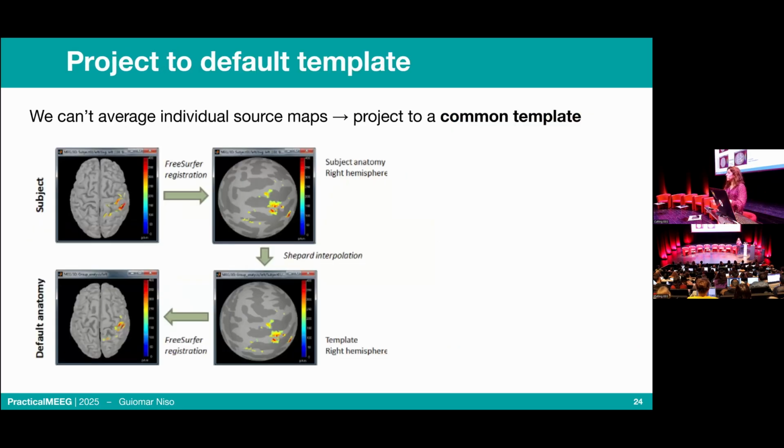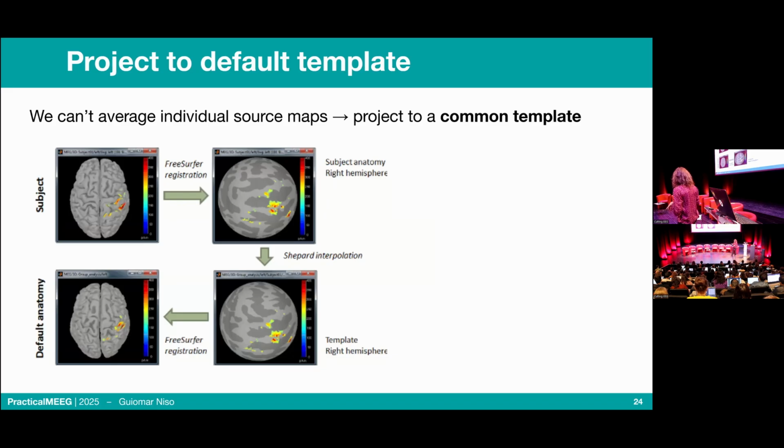Also, once you have extracted your signals and done all your activations, another problem comes: our brains are all different. If we have used our individual anatomy to compute the sources and you want to average throughout a full group of brains, you will find that the sulci and gyri of different people are not the same.